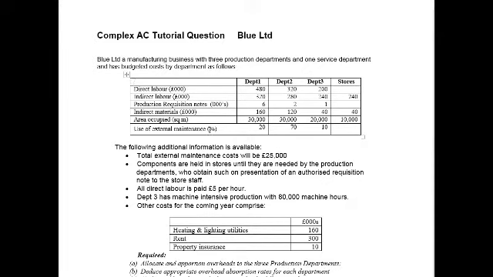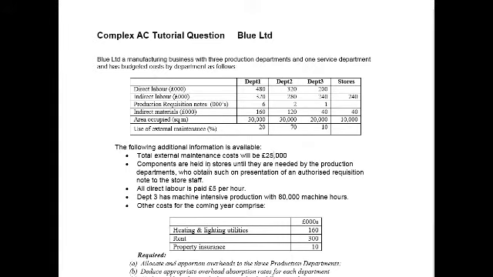Now we have the following information also available to us. I was saying that you can apportion maintenance costs if given. So here it is. The total external maintenance cost will be £25,000. We will use that later on in our analysis table, and we will apportion it in the same proportion. Components are held in stores until they are needed by the production departments, who obtain them on presentation of an authorized requisition note to the store staff.